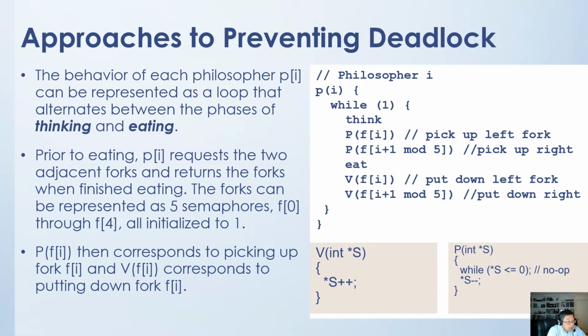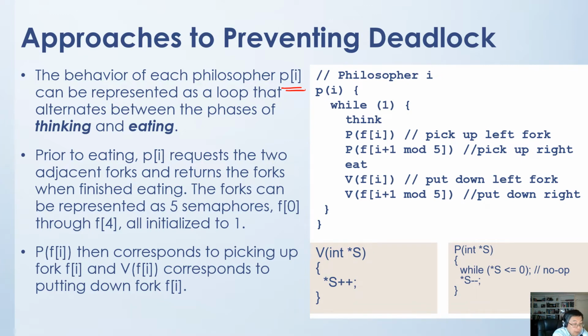Okay, so as was mentioned in the previous slide, the dining philosophers problem is just like a critical section problem. The behavior of each philosopher Pi can be represented as a loop that alternates between two phases, thinking and eating. Thinking doesn't require any resource. However, when a philosopher tries to eat, then you're going to take the forks adjacent to the philosopher.